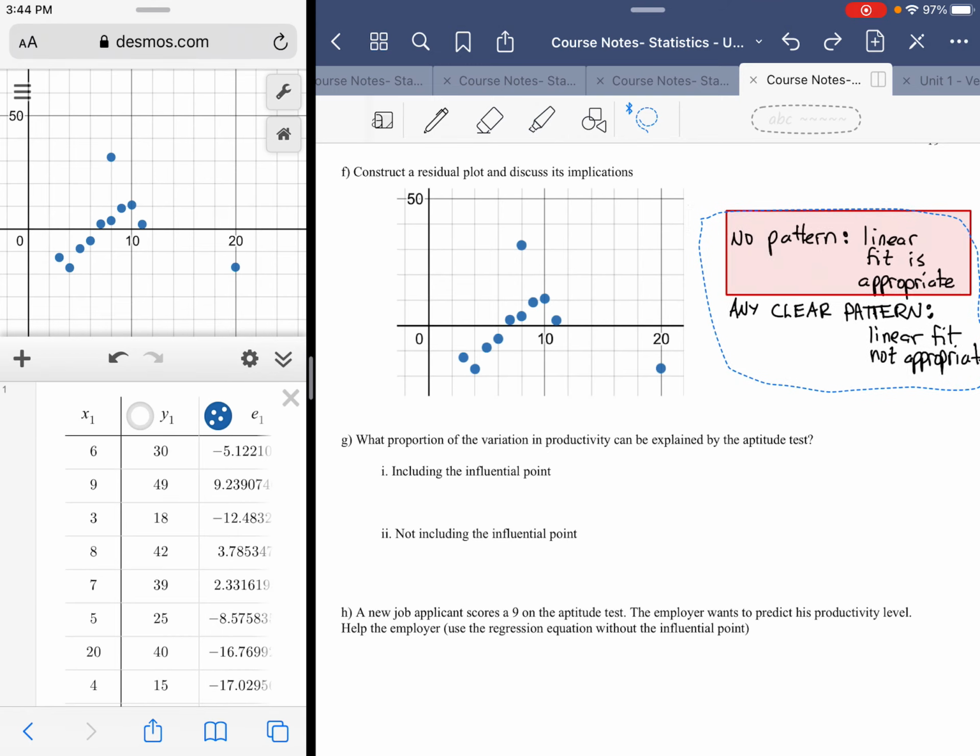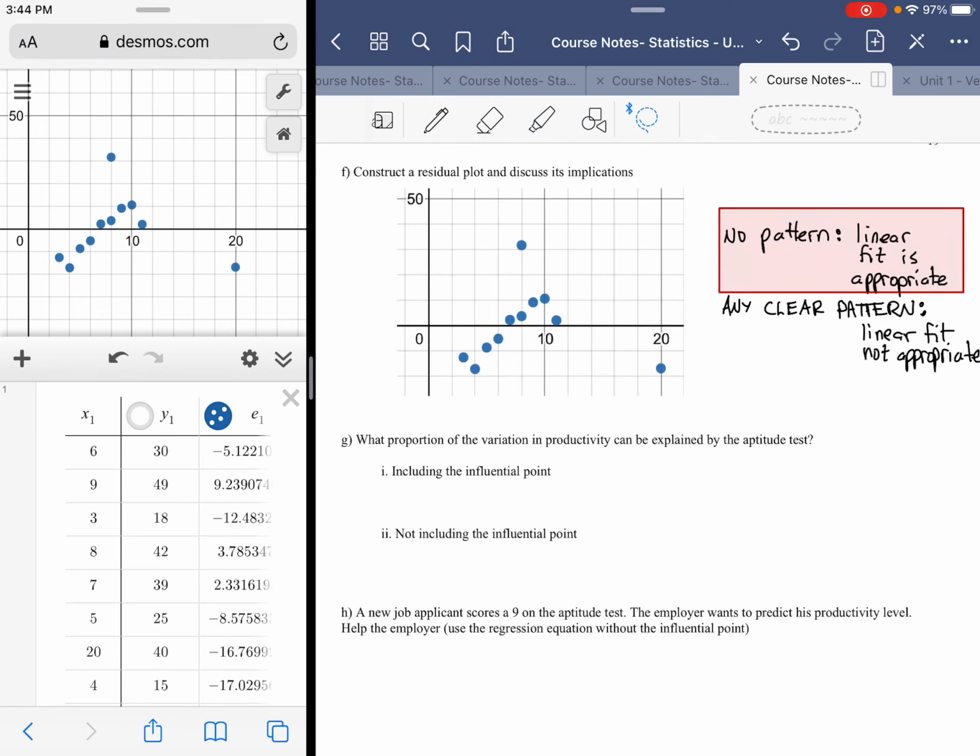All right, if you see a pattern, then a linear fit is not appropriate. Now, this is the thing that confuses people. If the pattern is that of a straight line, so if you see points organized in a straight line like this, that's a pattern. So even though it would be the pattern of a line, it would mean that a linear fit is not appropriate.